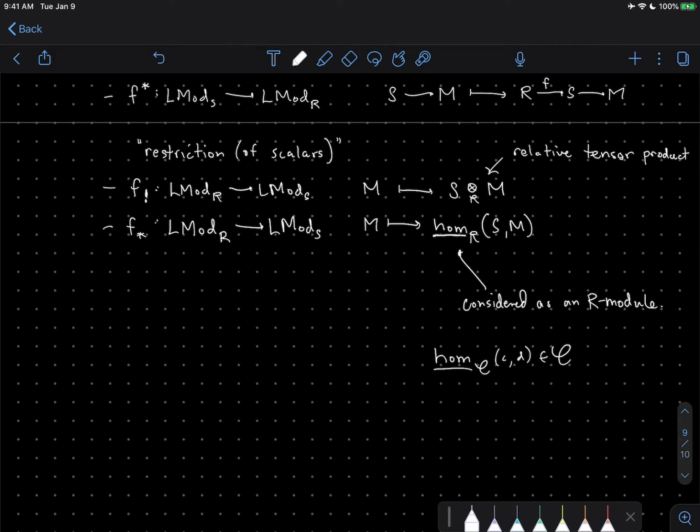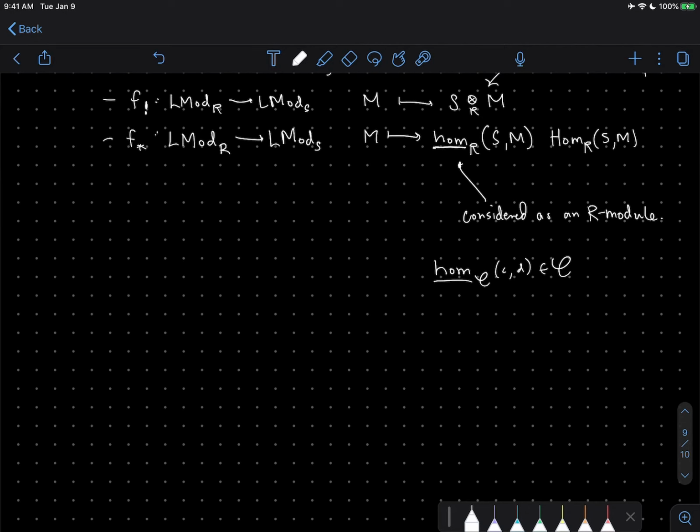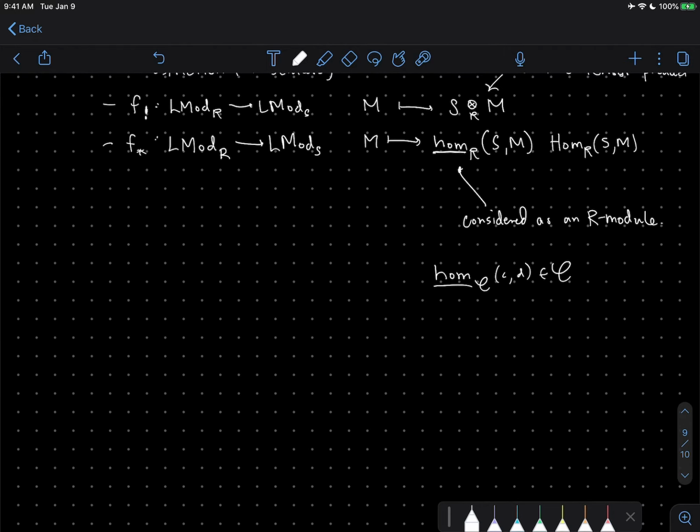In the actual algebra literature, you might see capital H hom sub R from S to M here. I like hom underline because it relates a little bit more to other concepts that will show up later in the course. So we can summarize these functors by saying we have L mod R, L mod S, restriction of scalars goes this way, that's F upper star.